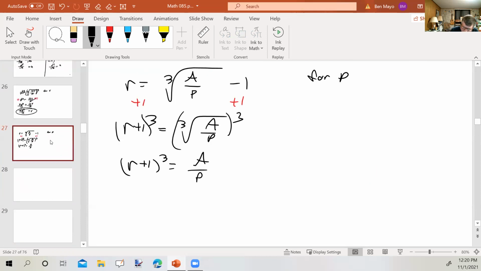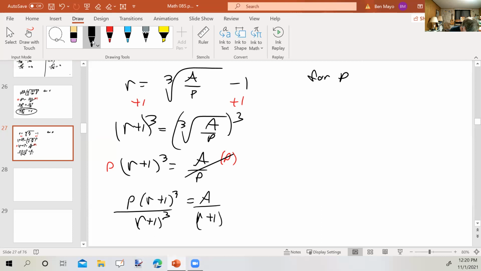I'm trying to solve for p, but p is in the bottom and I need p on top. So we'll do that, which gives me p times r plus 1 cubed equals a. Now I'll divide by r plus 1 cubed, and I get p equals a over r plus 1 cubed.